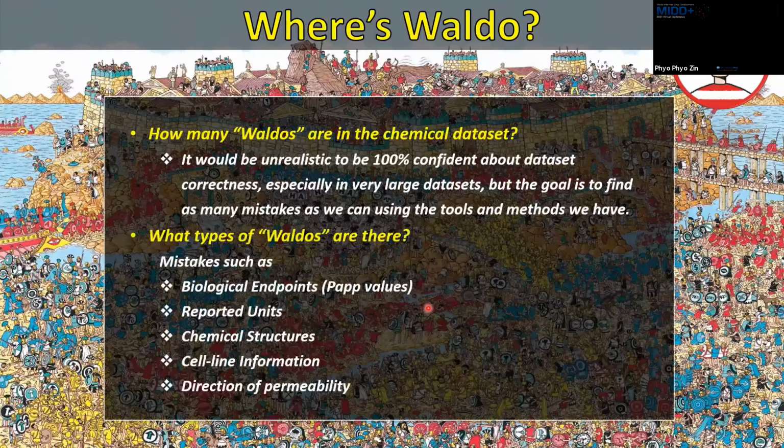For example, in the MDCK project, there can be mistakes in the form of biological endpoints, units, structures, cell line information, and the direction of permeability, and these mistakes can vary depending on the type of project. In the next slides, I'm going to be showing some example mistakes from the MDCK dataset and how we are detecting them.